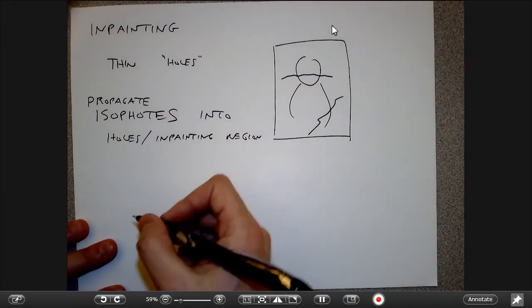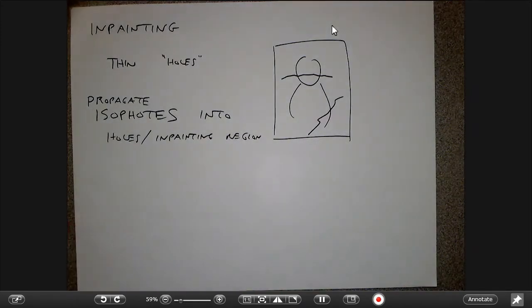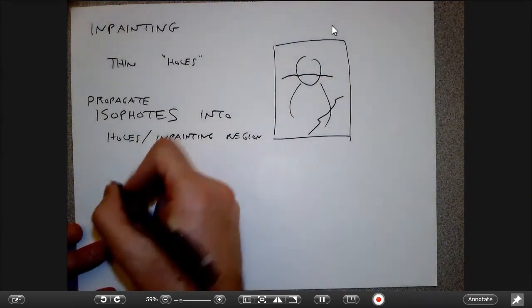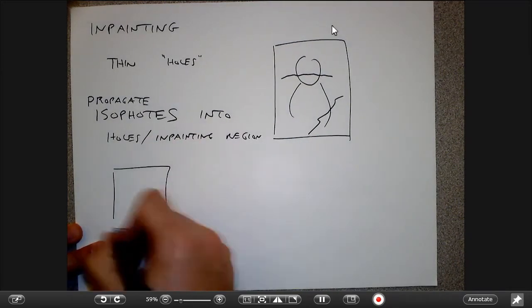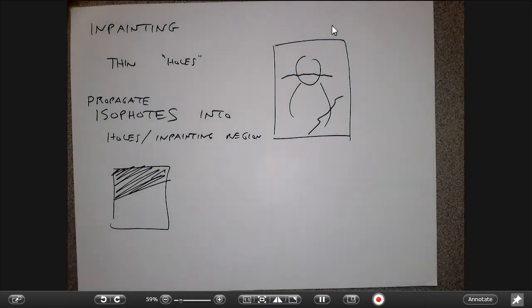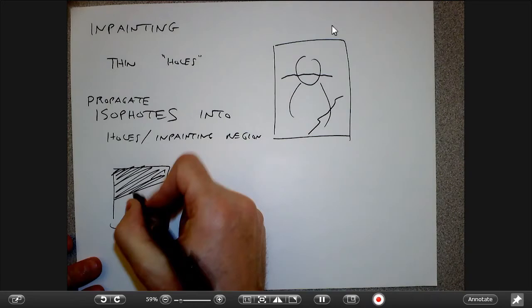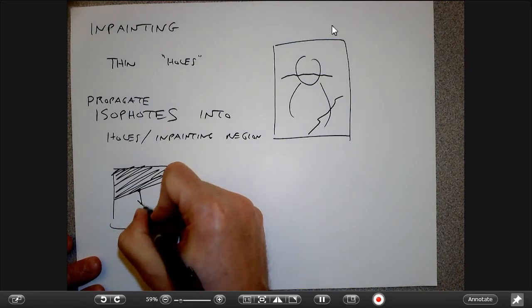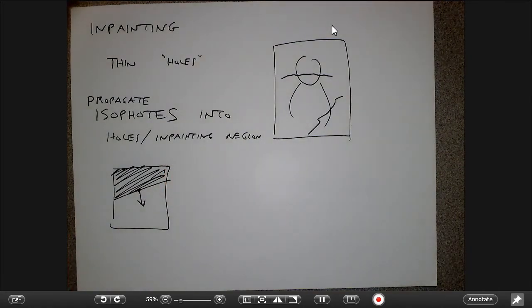We know that if I have an image that's black on one side and white on the other, and I take the gradient of the image, the gradient points in the direction at a pixel where there's the greatest change. For example, at this pixel, the gradient is pointing perpendicular to the edge.